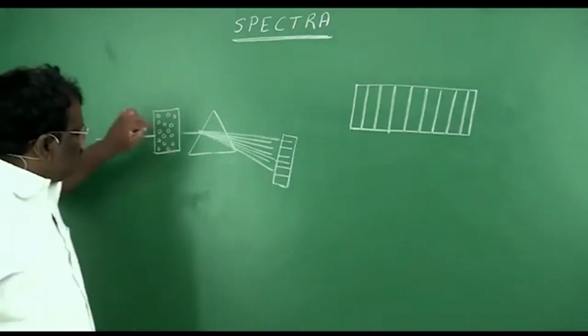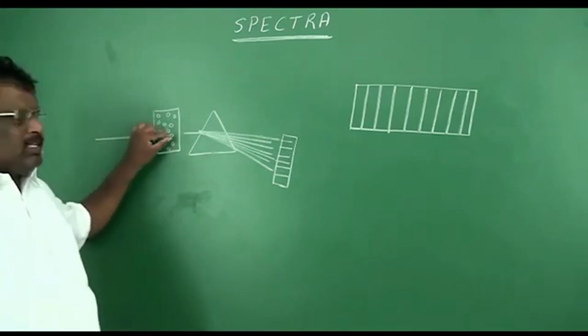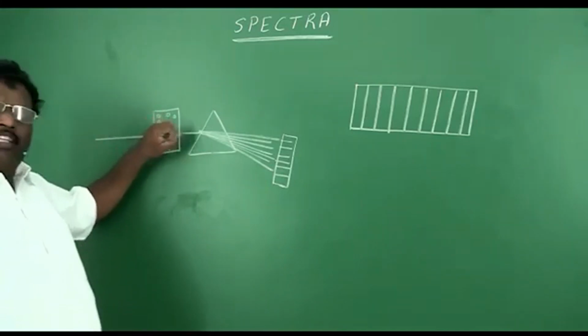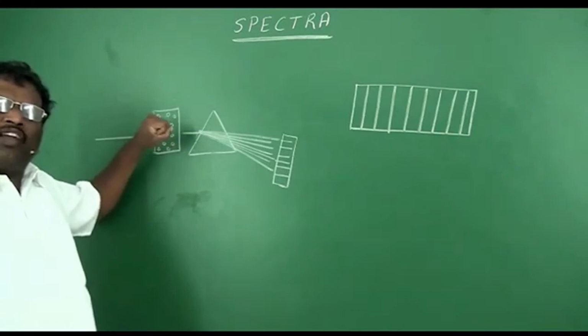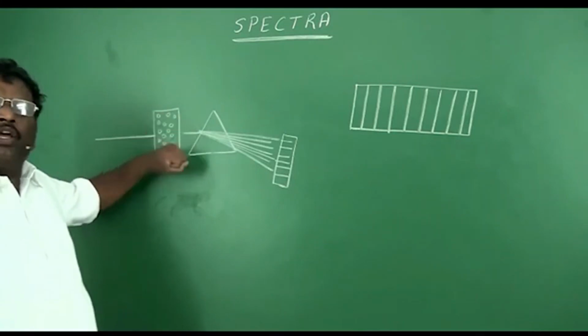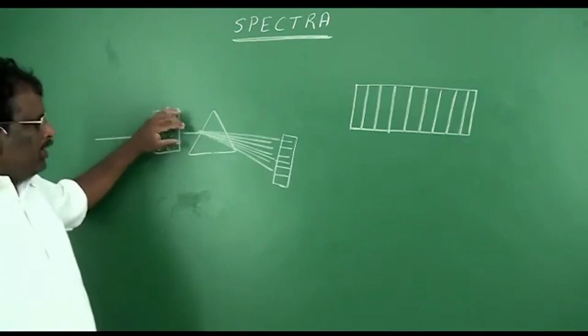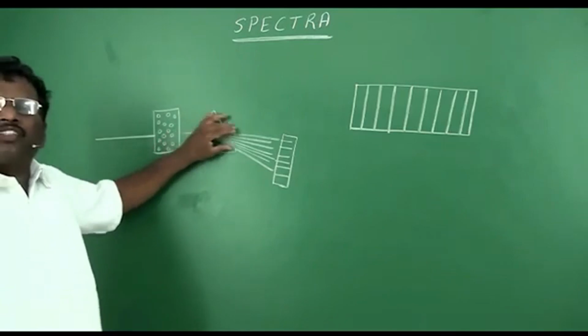Basing on the position of electron in that atom, these atoms will absorb a specific wavelength of light radiation, and all the remaining wavelengths will be transmitted out.